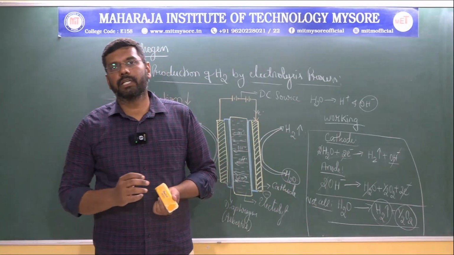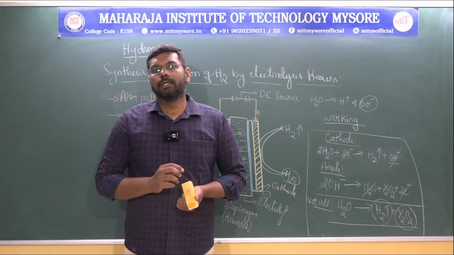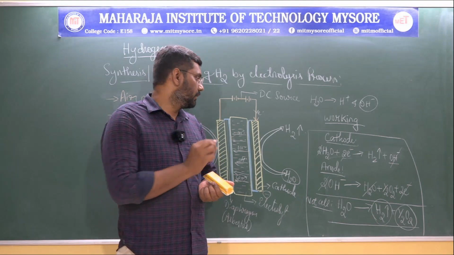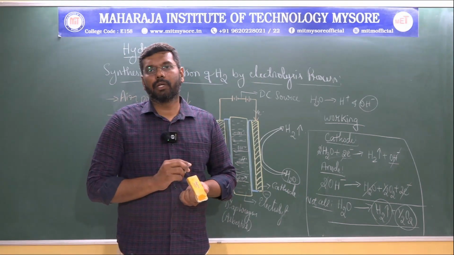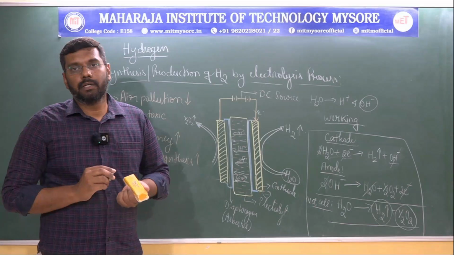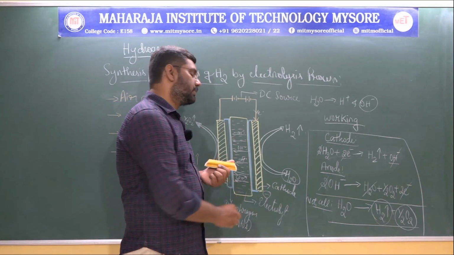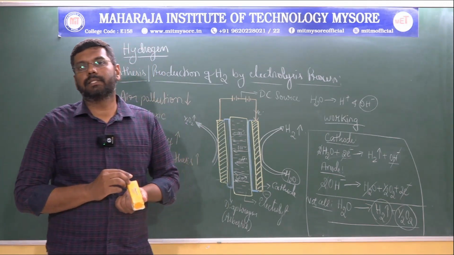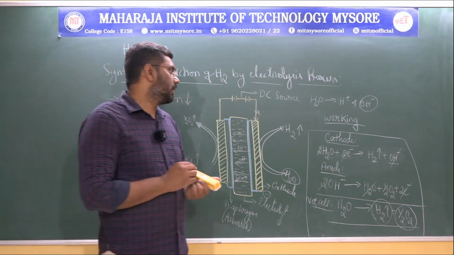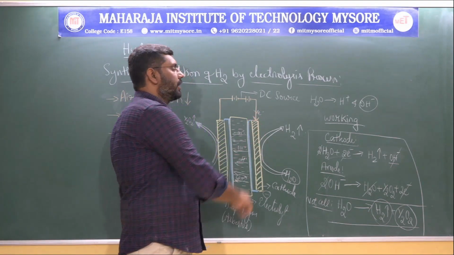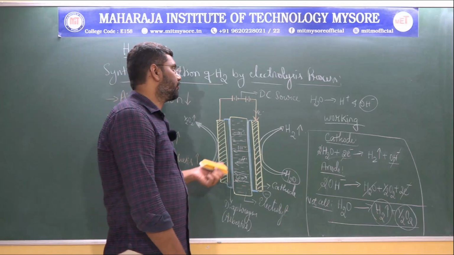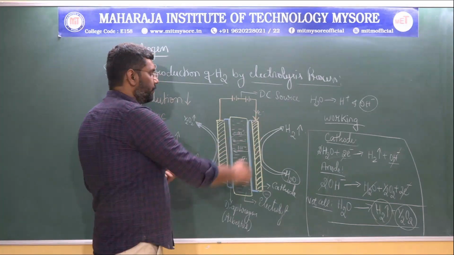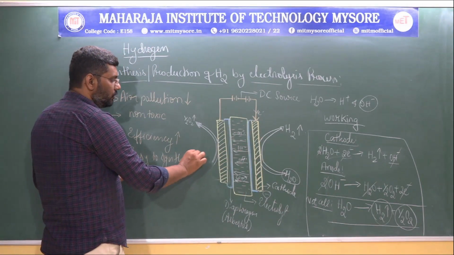The procedure in the case of alkaline electrolysis is very simple, but the cost is higher, because we need to set up the electrolysis chamber using asbestos as the separator, and along with that, the energy, that is electricity, which is supplied from an outer source. Hence the cost for the production of hydrogen by the electrolysis process is slightly higher here. But it is very easy to synthesize.